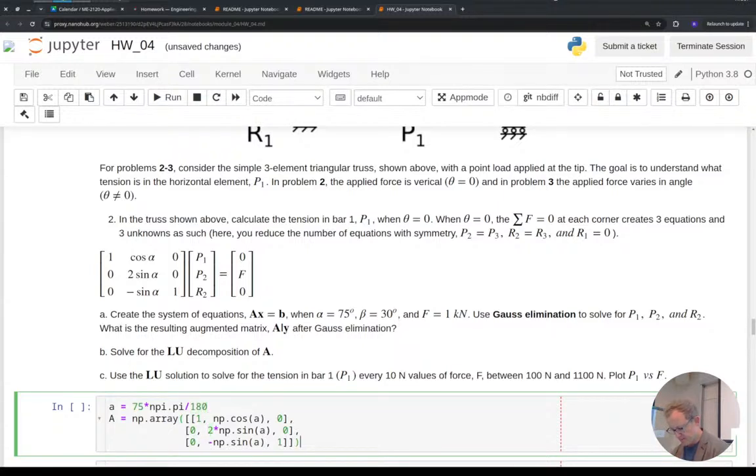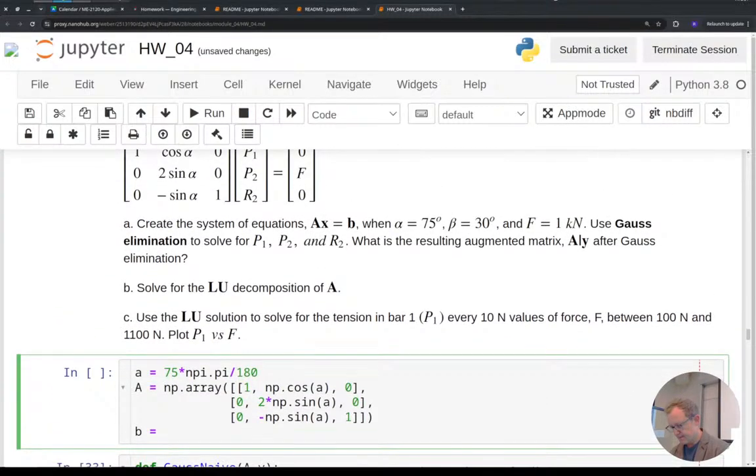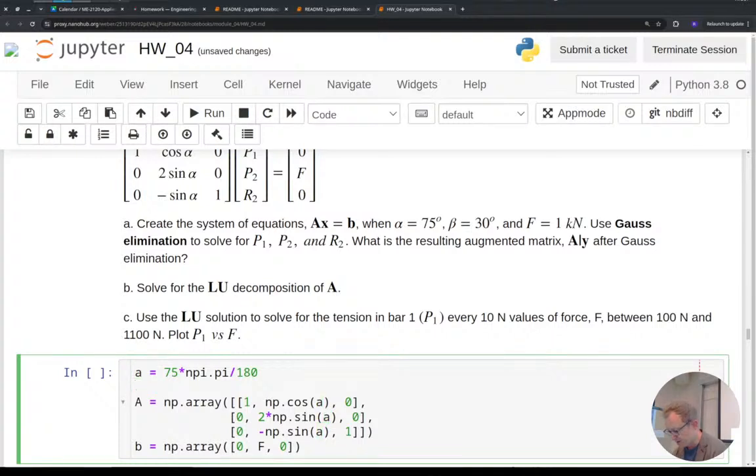Then my right hand side, if I say AX equals B, B is going to be, let's zoom in so we can see, 0, F, and 0. And again, I'll set up that F, starting off as 100.